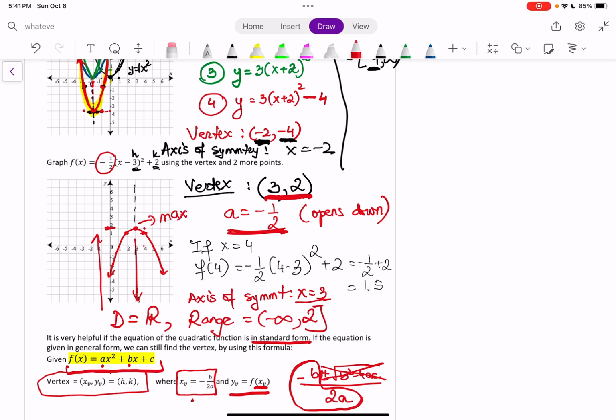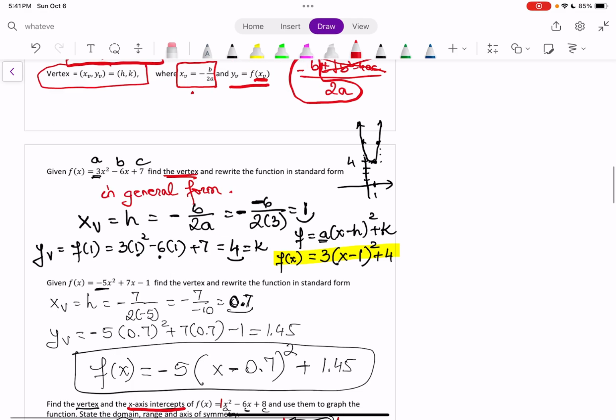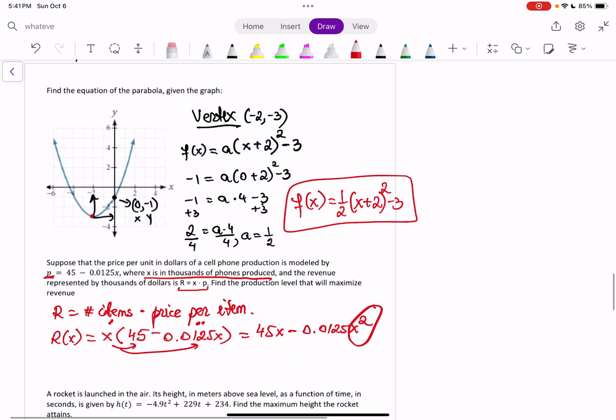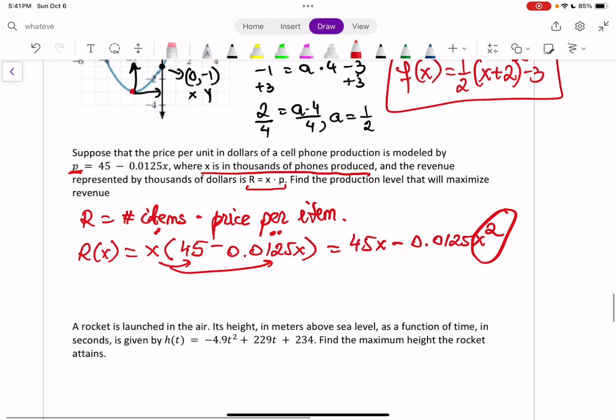So the vertex is a min or a max, depending how the parabola opens. So if I look at this function, to find the minimum or the maximum really means to find the parabola's vertex.